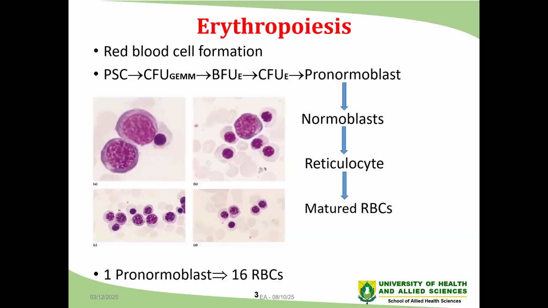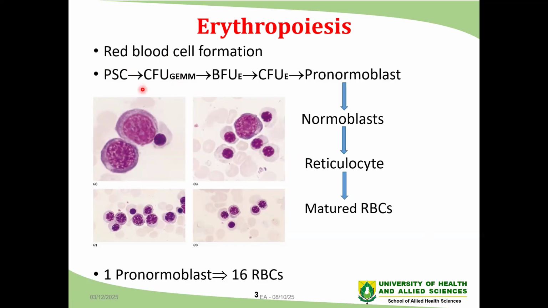So the PSC, as we have here, let me use the pointer. Yes, the PSC is referring to the pluripotent stem cell, the hematopoietic stem cell. And this develops into a less primitive cell called the colony-forming unit, granulocytes, erythroid, monocytes, megakaryocytes.